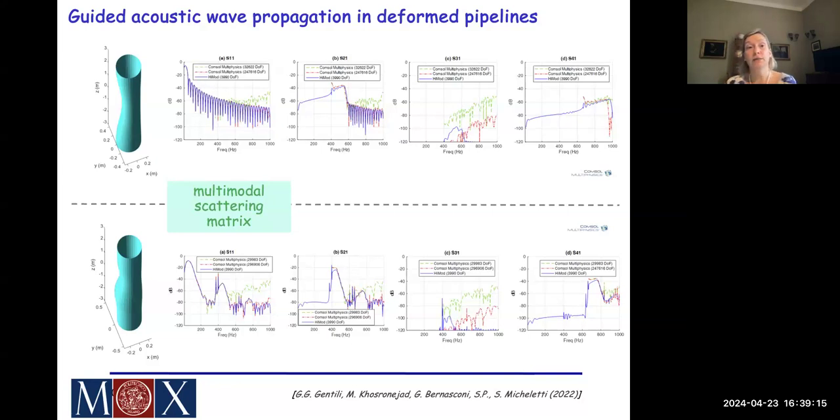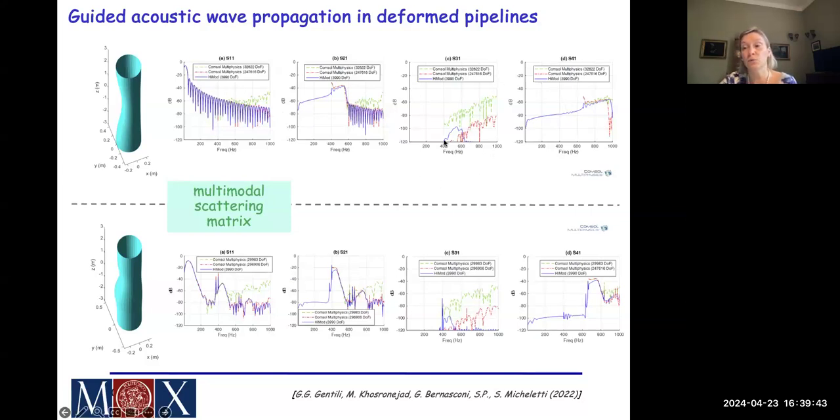And here you can realize that the blue line, which is the high mode approximation, correctly mimics the trend associated with the full COMSOL approximation for the finer mesh for the first two components, S11, S21, and the last one.